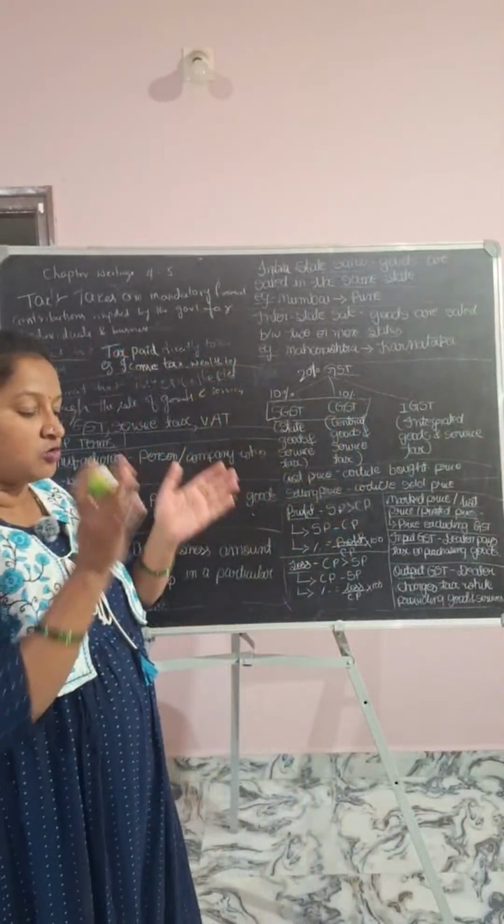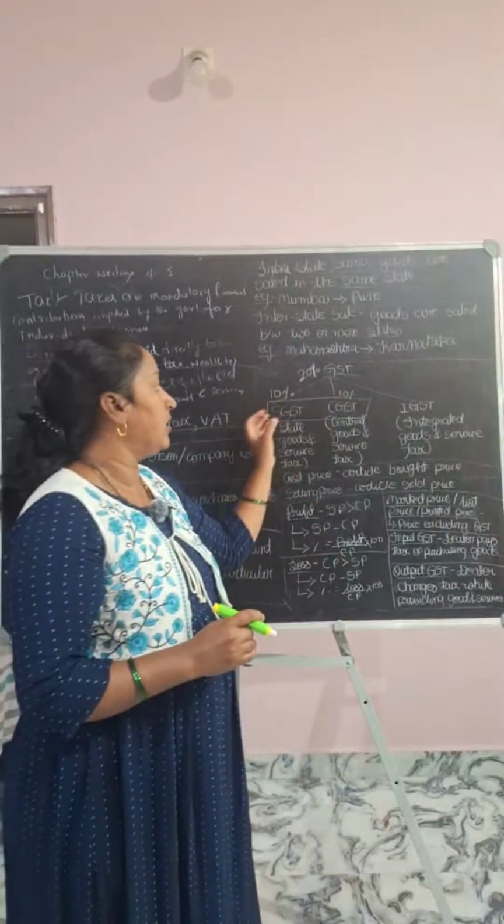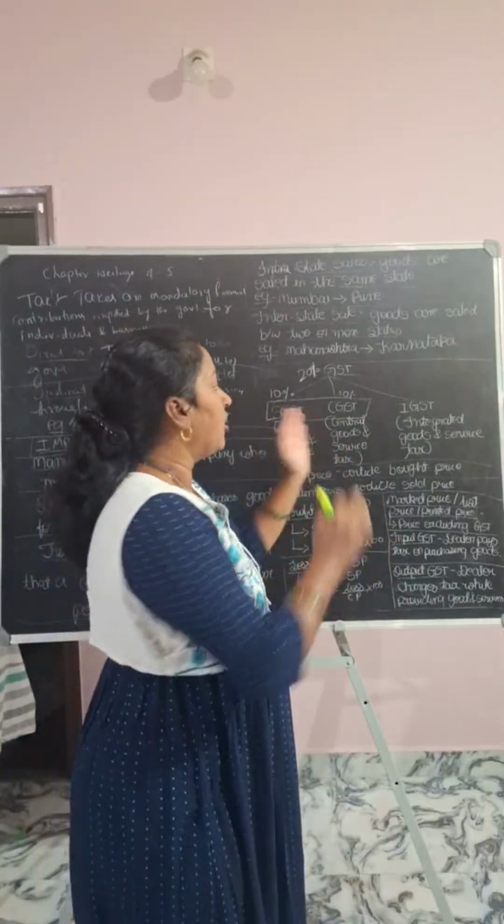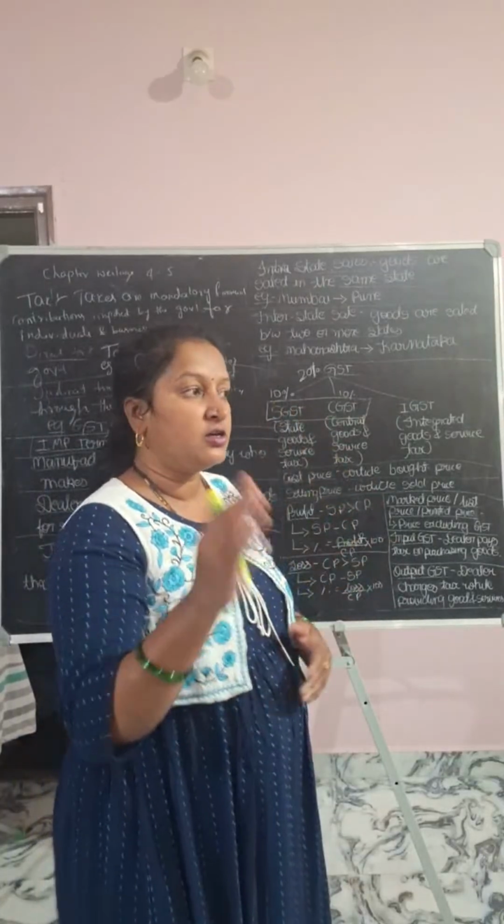Half of the tax goes to the state government and half goes to the central government.